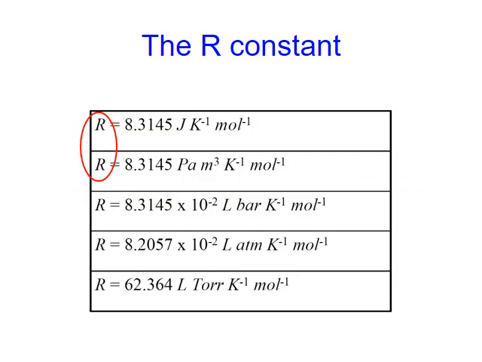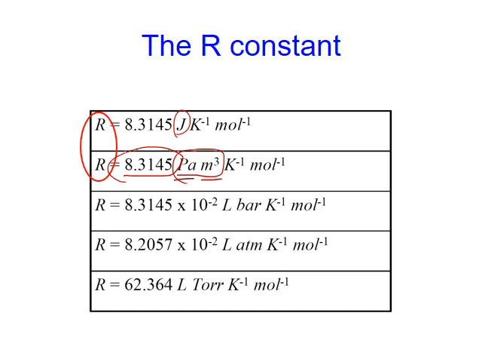If everything is in SI units, that is pressure in Pascal and volume in cubic meter, then the value of R is 8.3145. Pascal times cubic meter is also joule, so 8.3145 joule per Kelvin per mole.